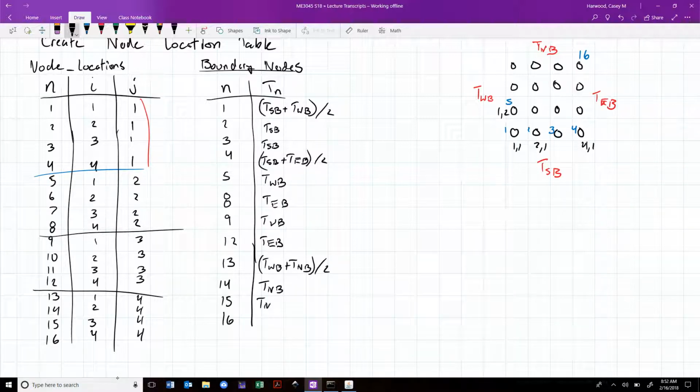Then 14 and 15 are T NB, and 16 is T NB plus T east boundary over 2.